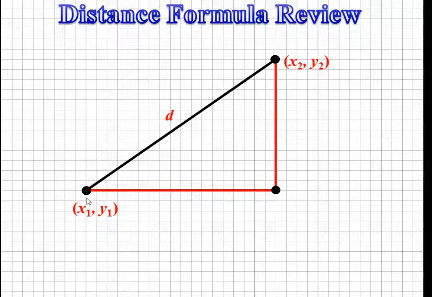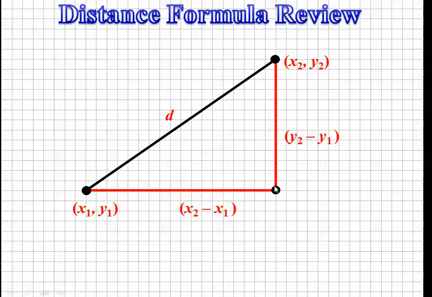You have the points x1, y1 and x2, y2. The way the distance formula works is you take the x's and subtract them. That gives you the length of the line at the bottom. Then you subtract the y's, and that gives you the length of the vertical segment.